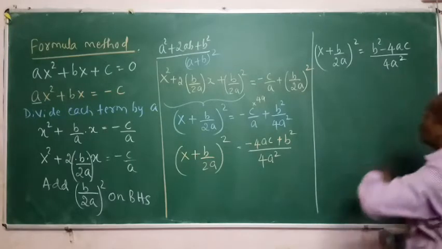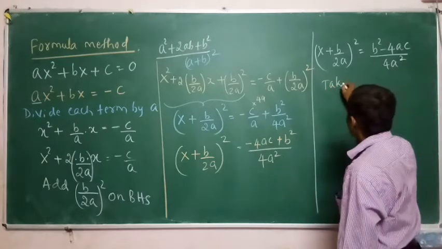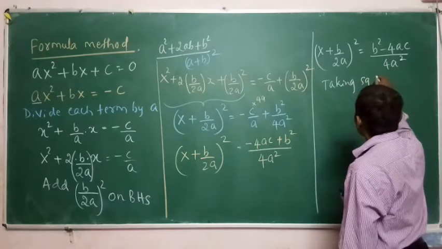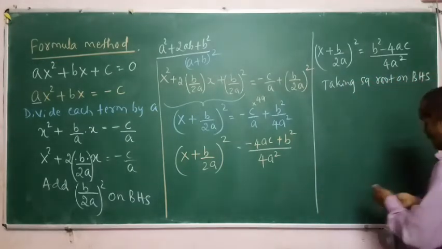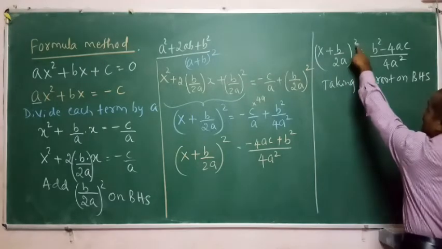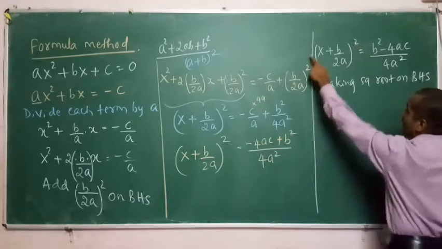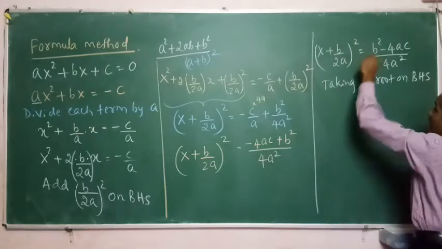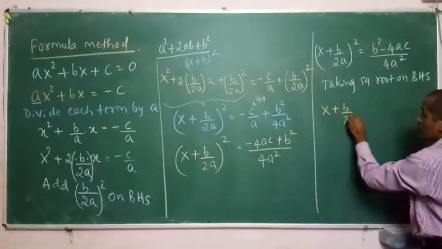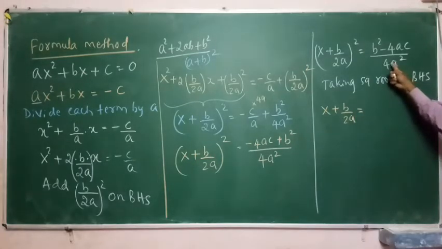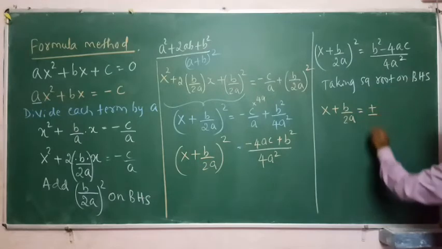Taking the square root on both sides. What happens if you take a square root? This square is there. When we take the square root, the square gets cancelled, and we can write x plus b by 2a is equal to... When you take the square root here, you are getting two answers, plus or minus.